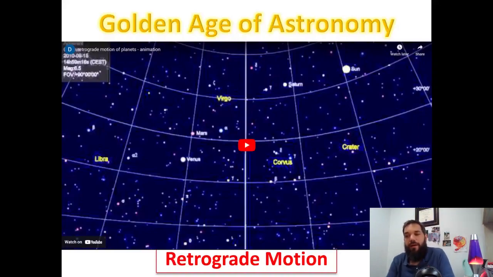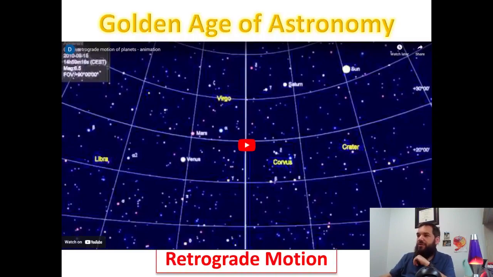Okay, so again, there was this argument going on in astronomy for hundreds of years, thousands of years, about whether the universe is geocentric or heliocentric, right? Whether the sun is at the center or the earth is at the center. So I want to introduce this idea of retrograde motion.